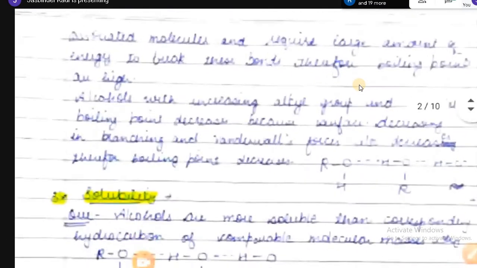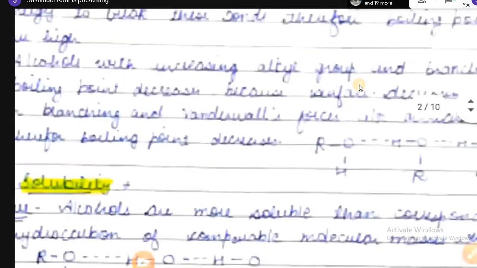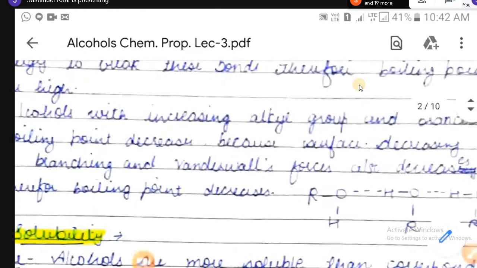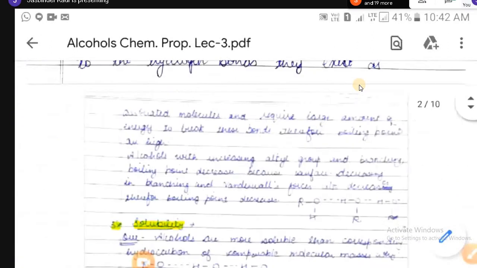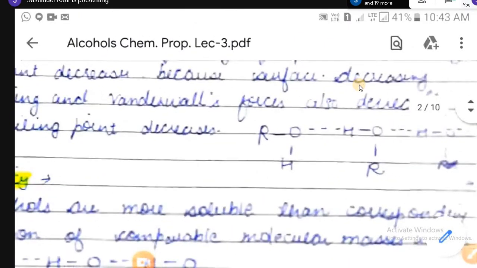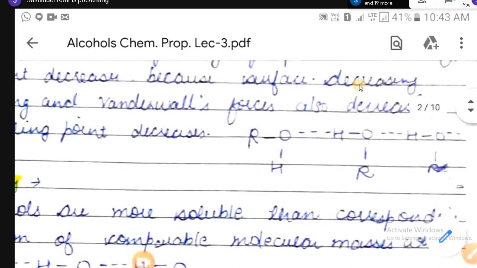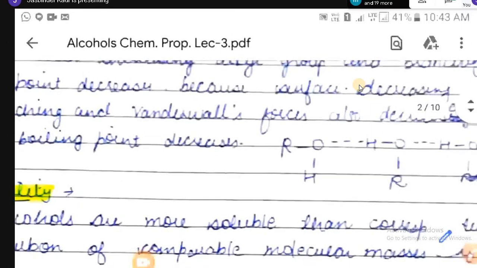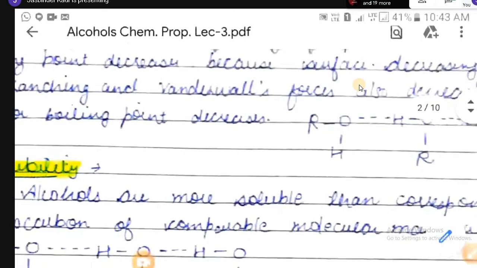The hydrogen bonding can be shown as ROH, and with a second molecule it forms hydrogen bonding, and these hydrogen bonds are stronger than dipolar bonds. So alcohols have higher boiling points than haloalkanes.